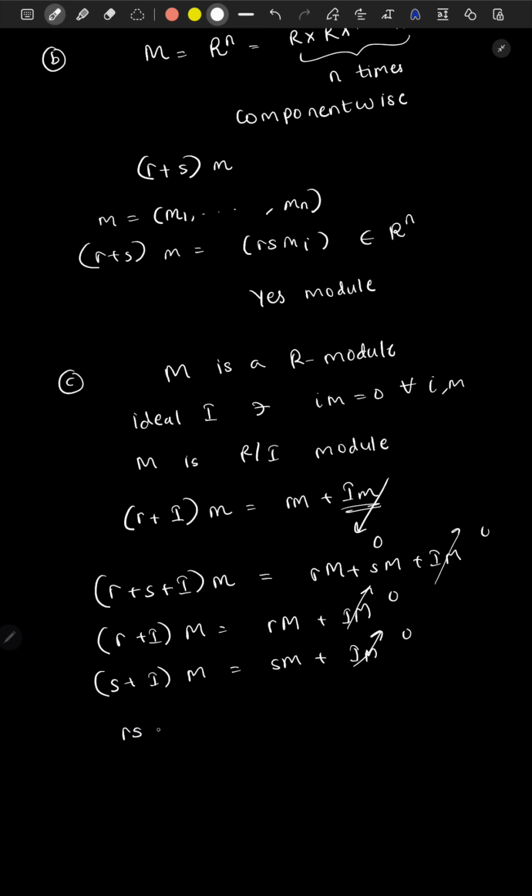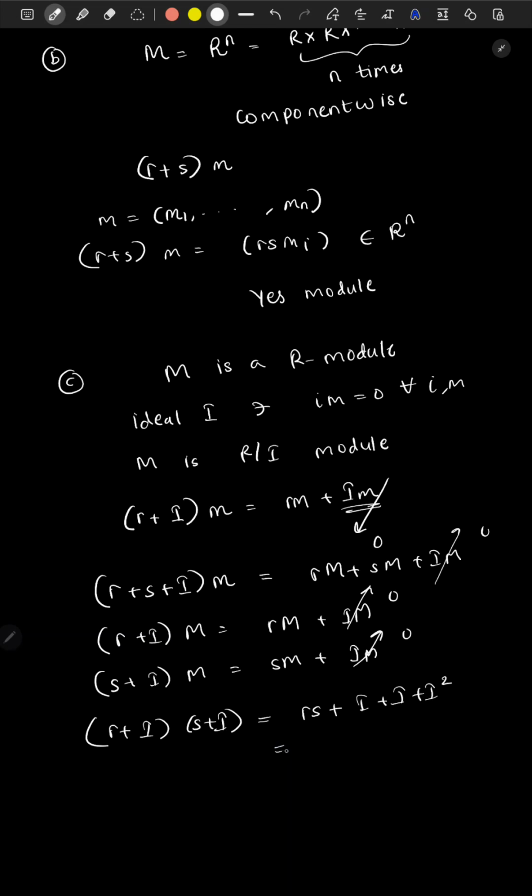Let's see what's the product of r and s. Let's check the next property. Just before I write that, let me check what this expression looks like. rs plus ri is in I, si is in I, and Ii is in I squared.